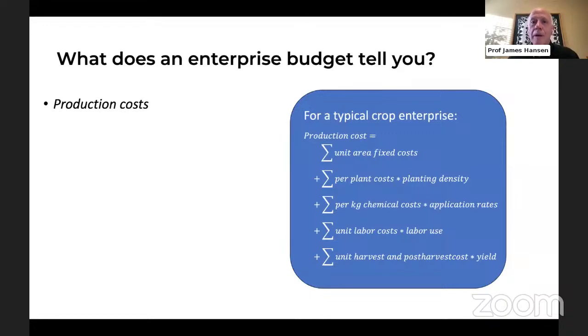But this is important because many options for increasing productivity also increase the cost of production. So you might be able to, for example, significantly increase your yield by adding more fertilizer, but that might reduce your income at high levels of fertilizer because of the added cost of more fertilizer.